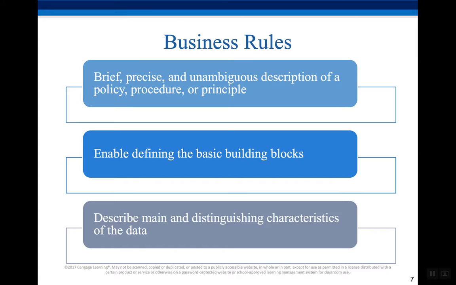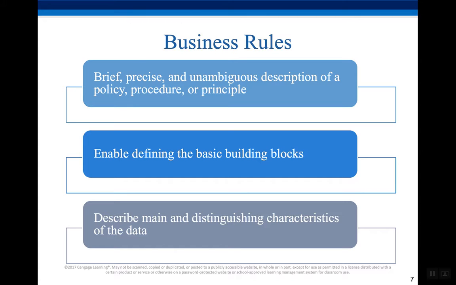So we will combine the data structure with the business rules. As we said, from a definitional perspective, a business rule is a brief, precise, unambiguous description of a policy, procedure, or principle. So basically, this is how we do this. This is what this means. For this particular circumstance, we will do these steps.